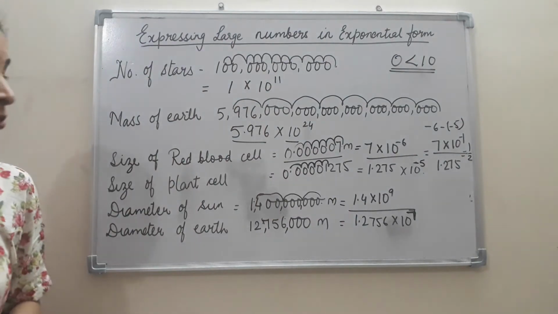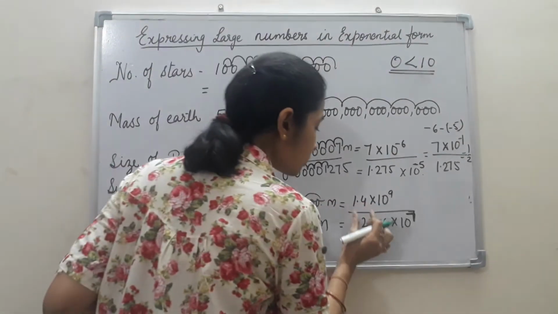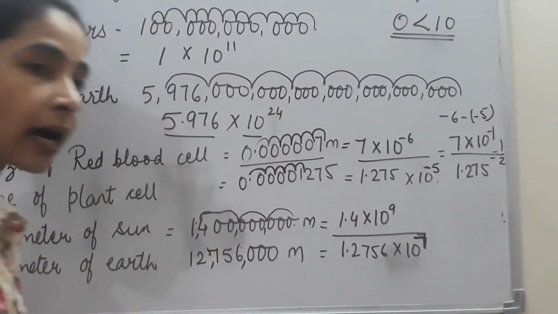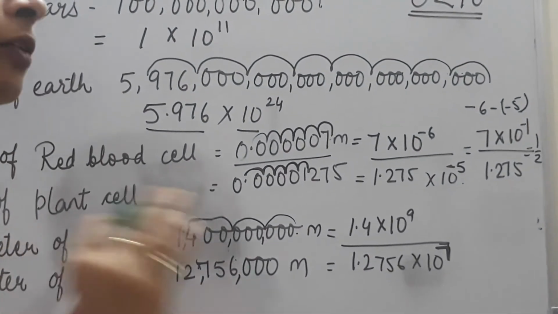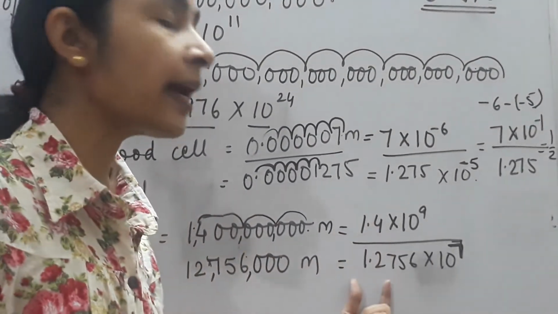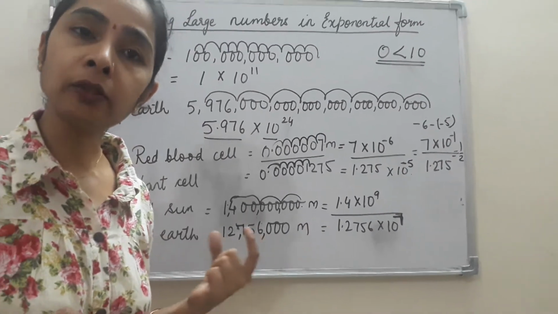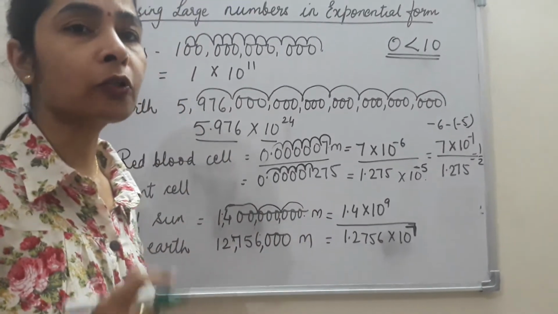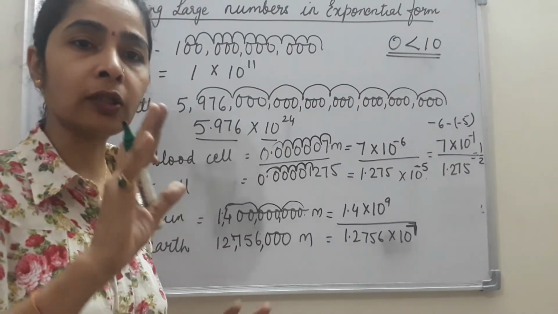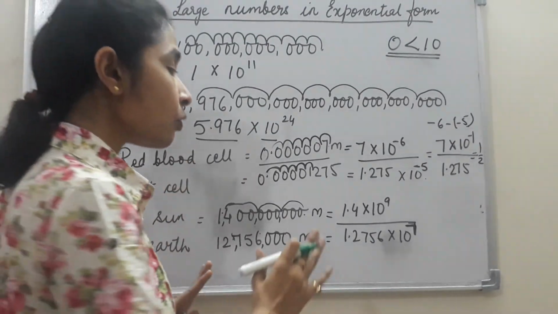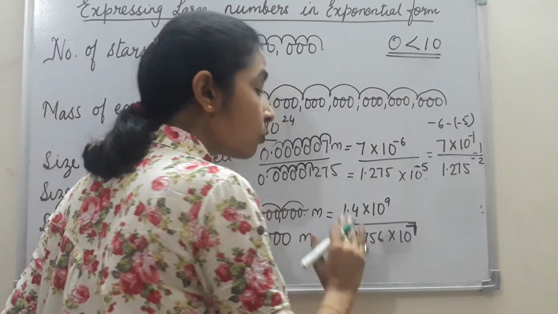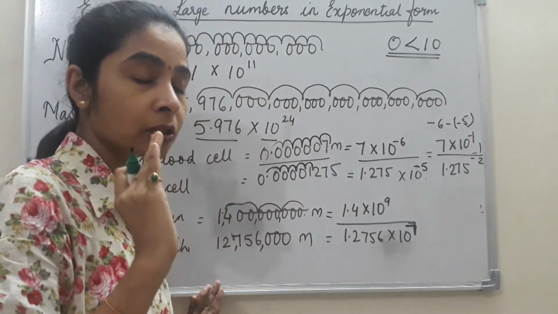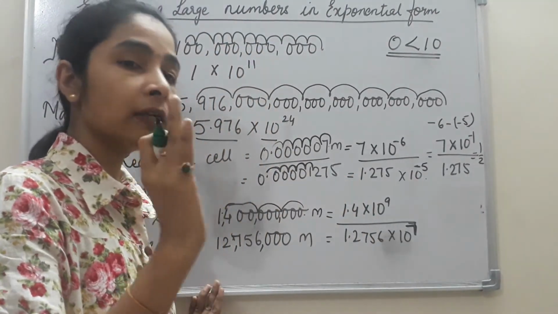Now if we compare these two numbers, then they are more or less equal. It is 1.4 and this is 1.2. Now 1.4 divided by 1.2, we'll get the answer 1 point something, so our quotient will be approximately 1.